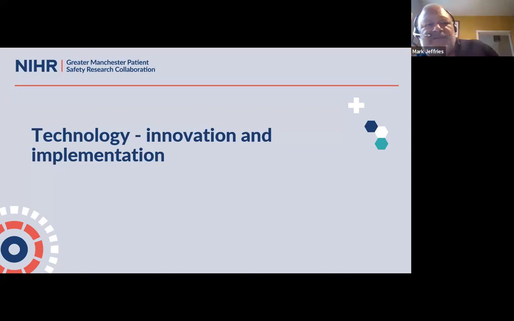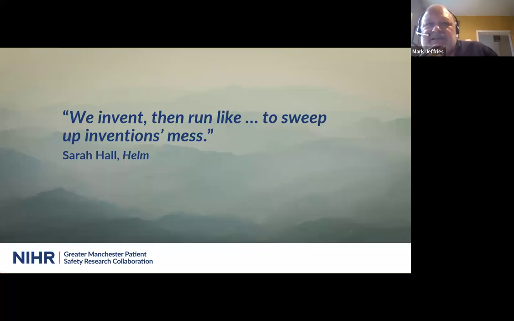So firstly, I want to think about innovation and implementation. This is a quotation from a novel I read earlier this year. It's a very interesting novel, which is about a wind, actually, but it's also a novel about progress and about innovation and how technology is used across generations and by humans.